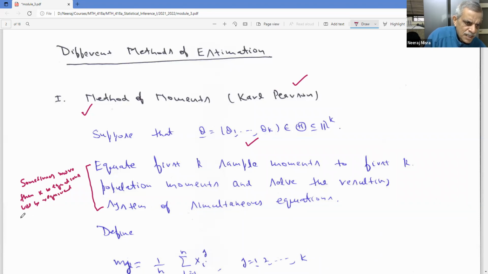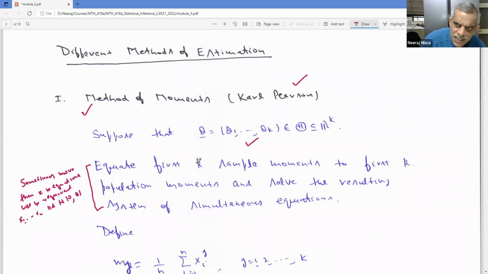An example could be, suppose x1, x2, ..., xn are IID normal(0, theta). Then equating first sample moment to population moment does not give you anything because it gives you x bar is equal to 0. So you take only those moments where involvement of theta is there. In this case, the first moment has no involvement of theta, so I would just ignore this.